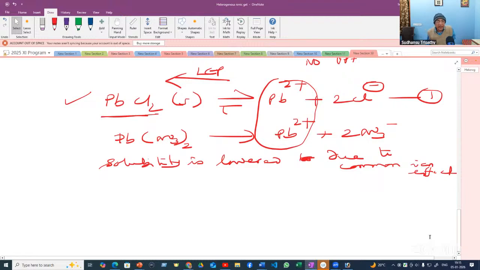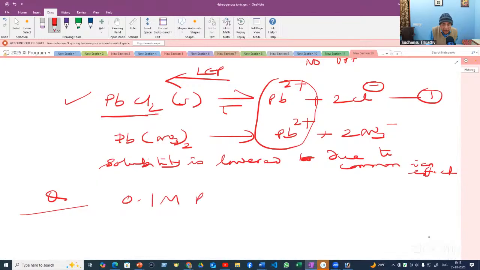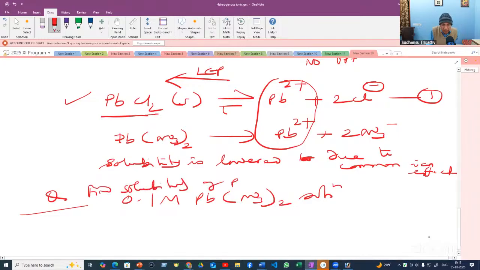And the trick is, let me give you a question. Find the solubility of PbCl2 in 0.1 M lead nitrate solution.